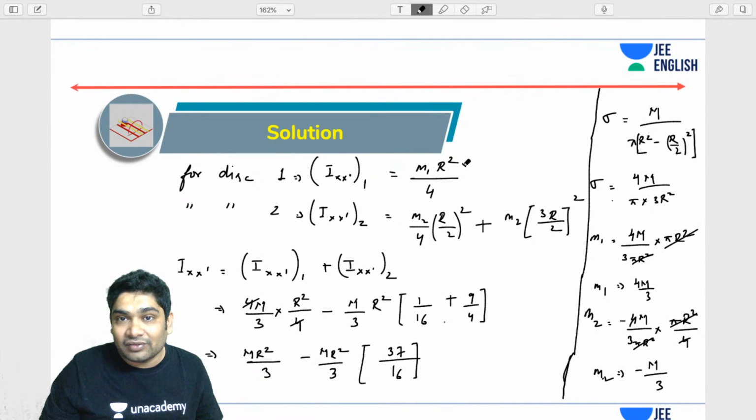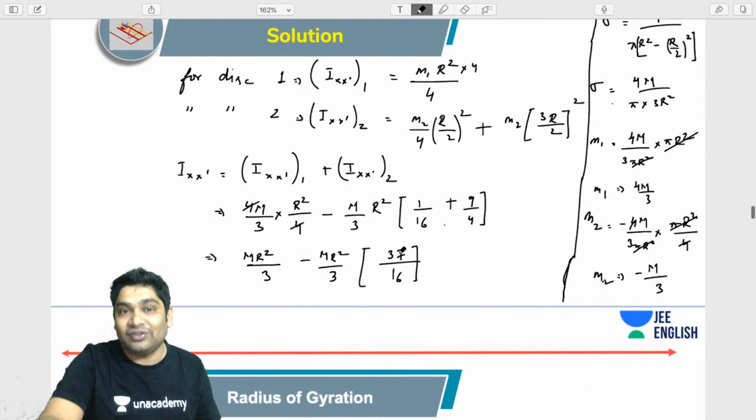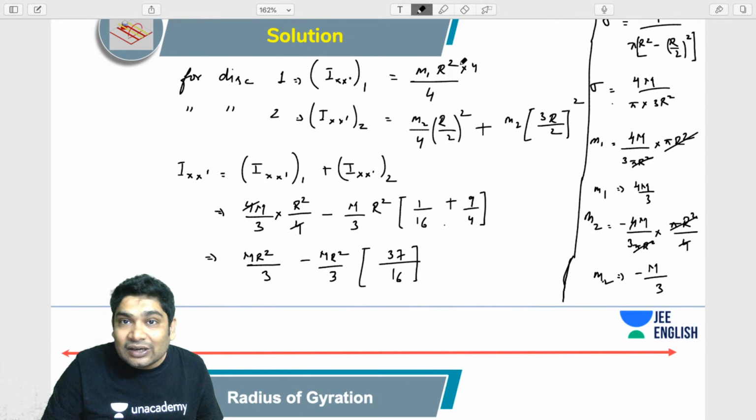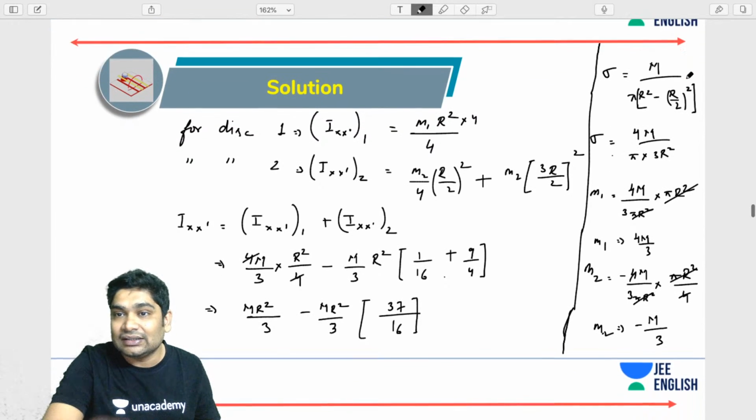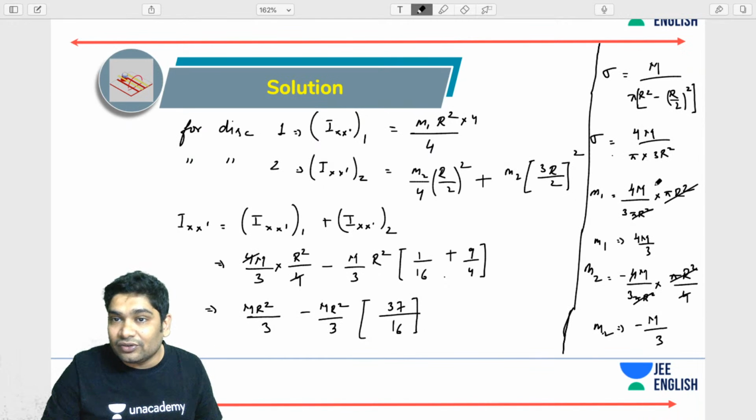So this would have been 4. Rest everything is correct. For the first one, I did not realize that this had a radius of 2r. So here also everything will change. This will be into 4. So this would have been 16.